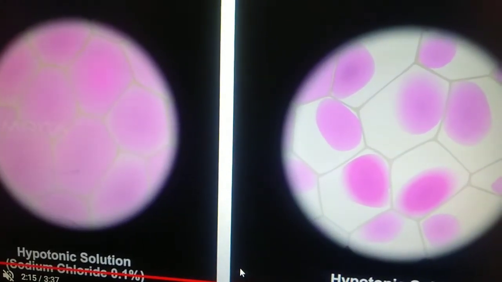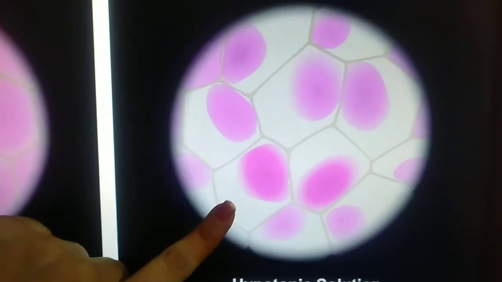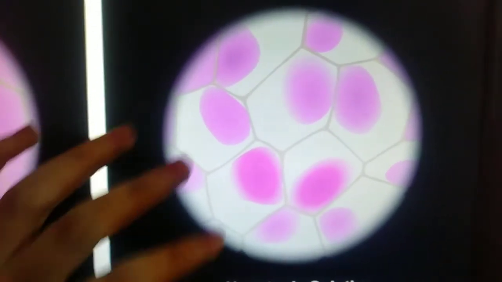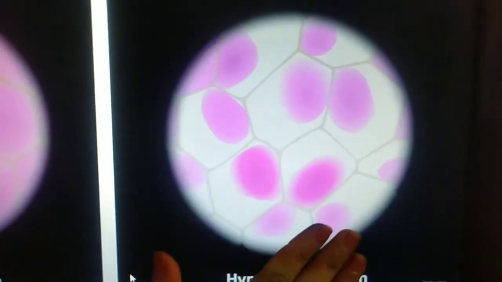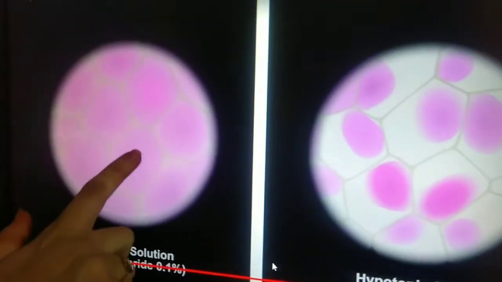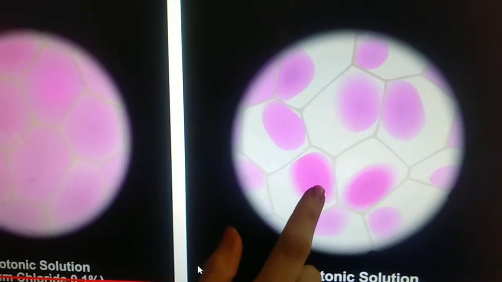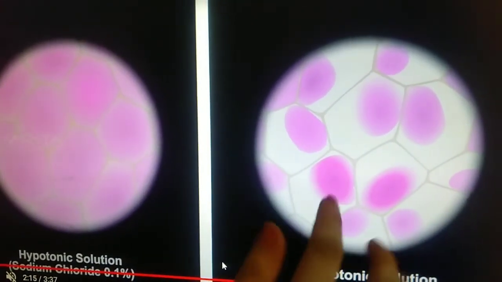After some time, because you have put salt solution onto the leaf, what happens? Salt is more in the salt solution and water is less, so the water from the cells will go out. You can see here the cytoplasm is full of water, but here the cytoplasm has shrunk, or become very small.